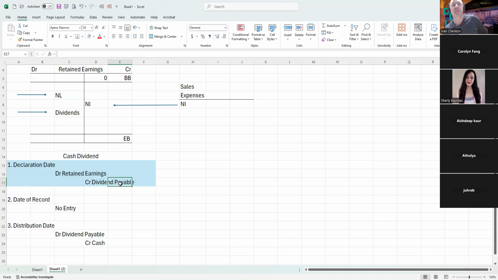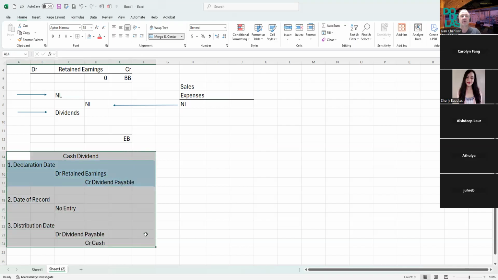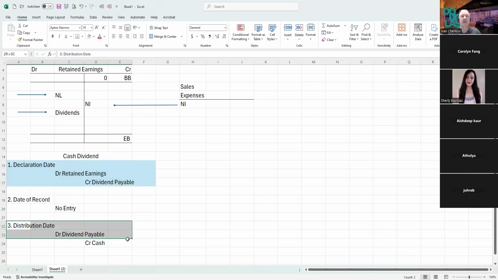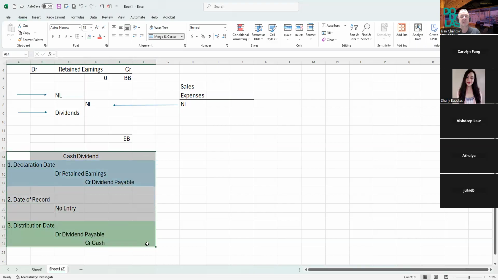We cannot avoid the dividend at that point, or say, you know what, we change our mind, let's cancel this dividend. So that's the first, and the last is the date that we are actually paying the cash. So let's copy this and move it here.